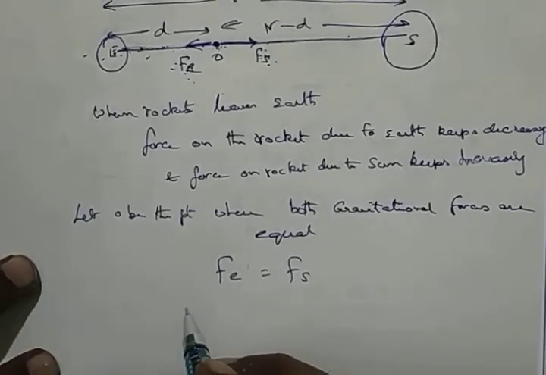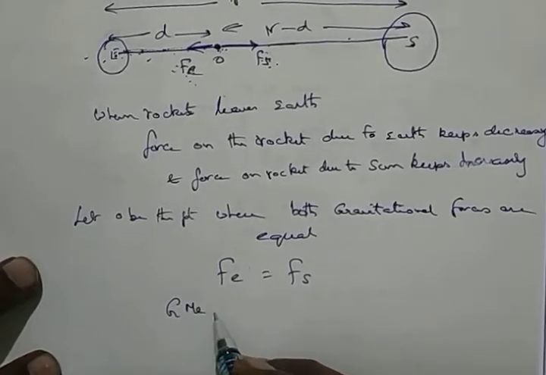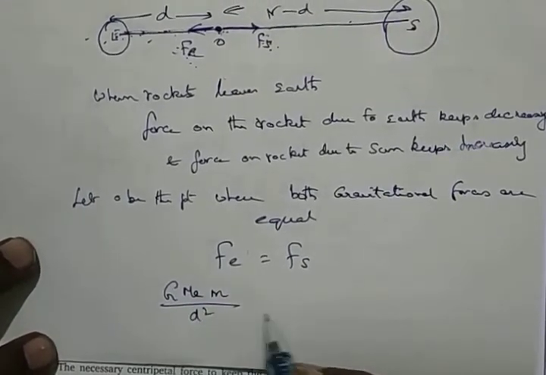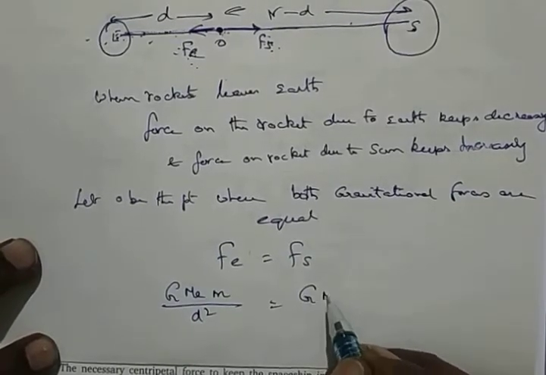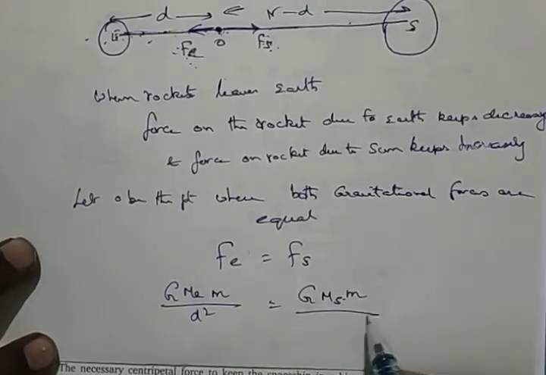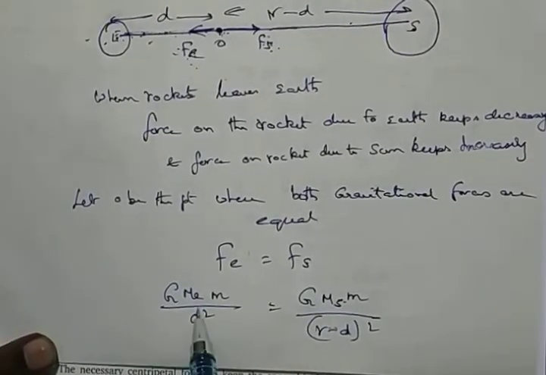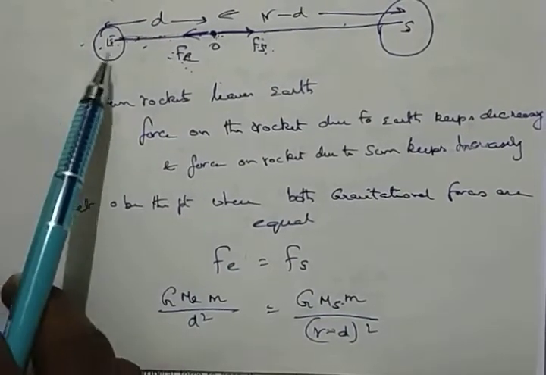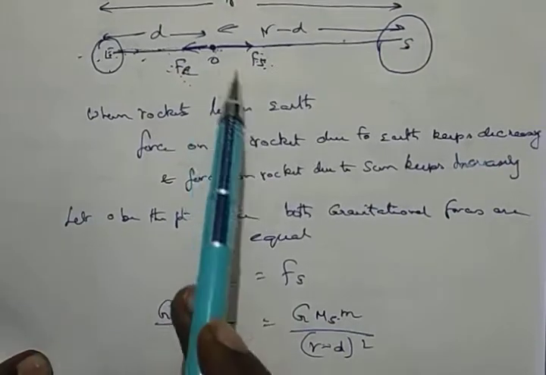So what is the force due to Earth? Look at the gravitational formula. G M_e m upon d square. The next one is G, mass of the Sun, M_s, and m upon (r minus d) the whole square. Let me explain this. This is the mass of the Earth, and this is the mass of the rocket.